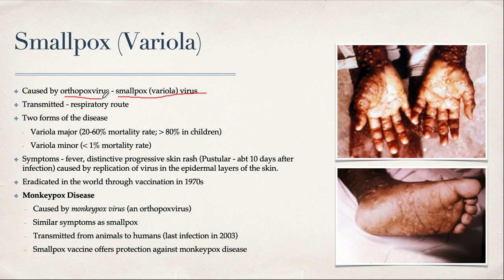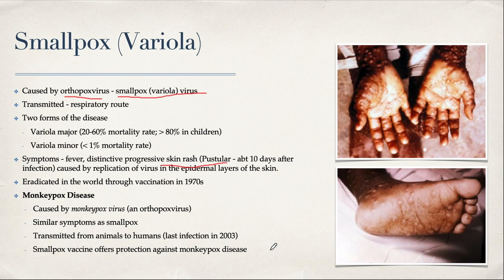The major form of it was the most fatal, and the fatality in terms of infant death was about 80%. Symptoms are distinctively a progressive skin rash, the pustules, that forms in about 10 days.